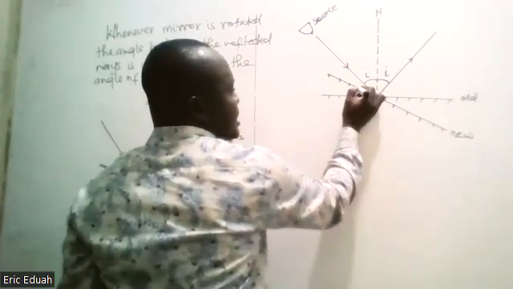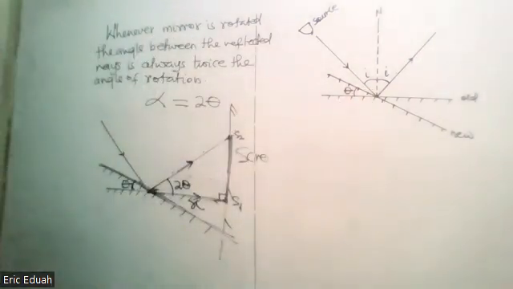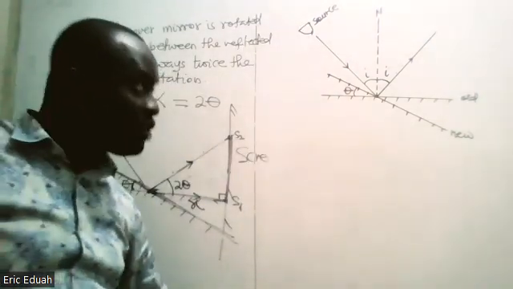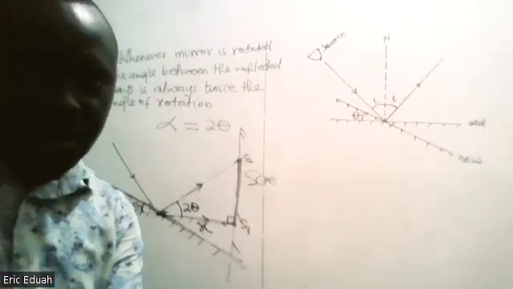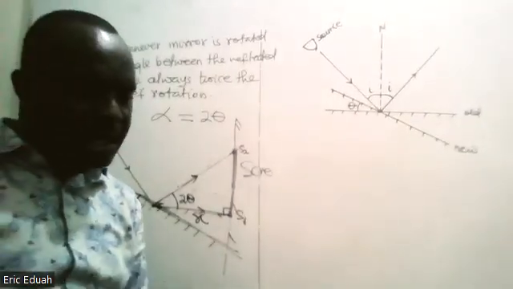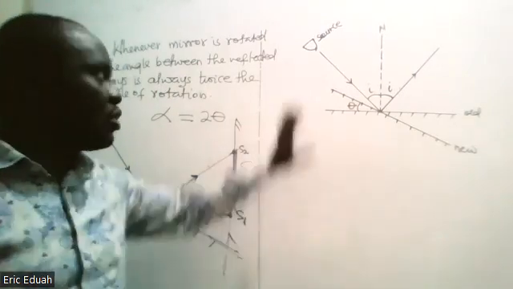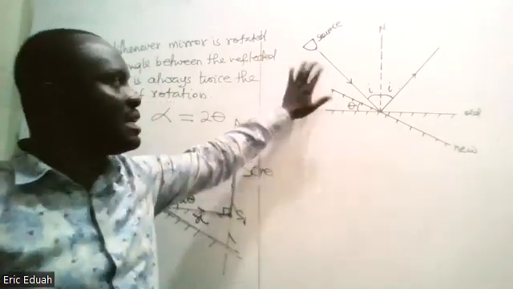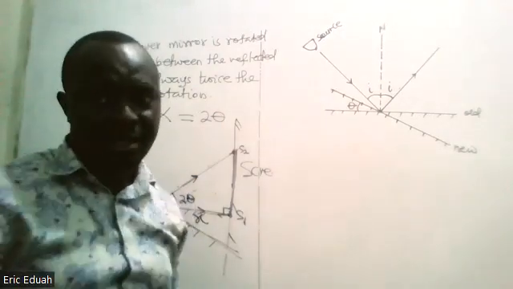The angle of rotation is theta. We are not changing the position of the source of light. If it's the sun, you cannot tilt the sun just because you have tilted your mirror. So the source of light position is intact, meaning the incident ray is still what it is.